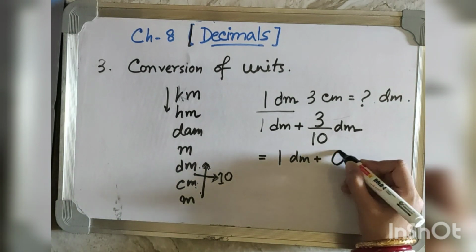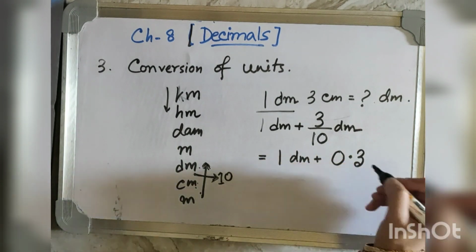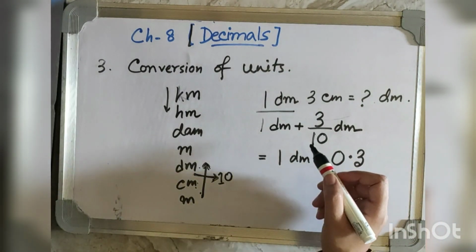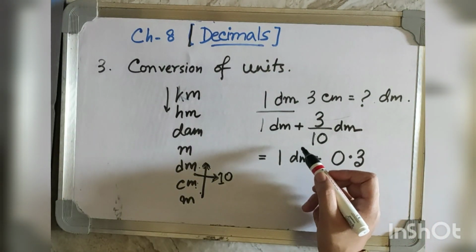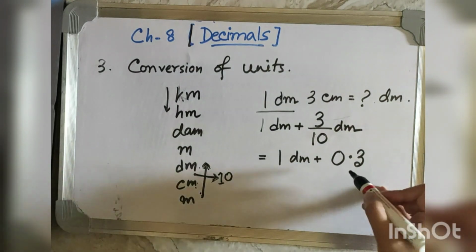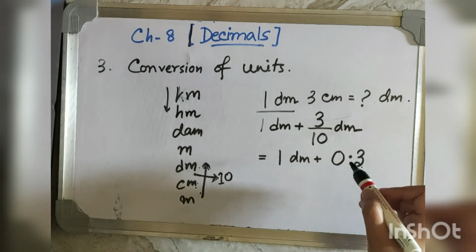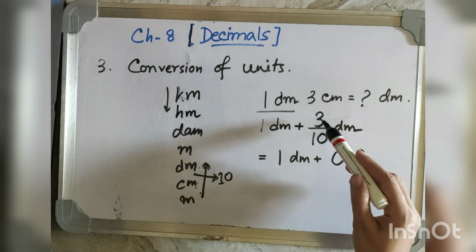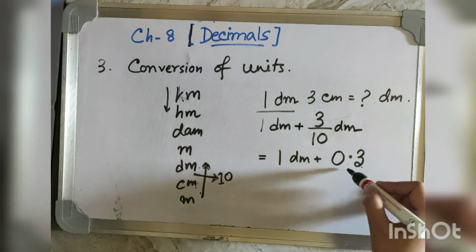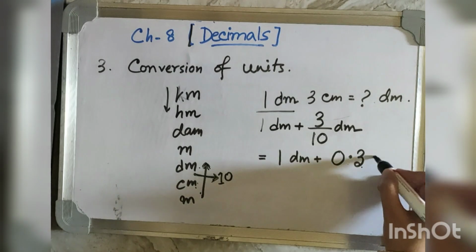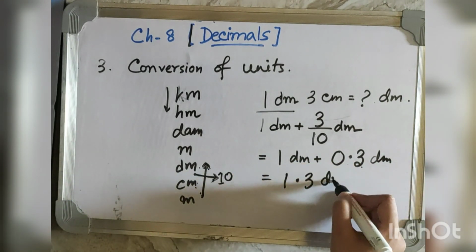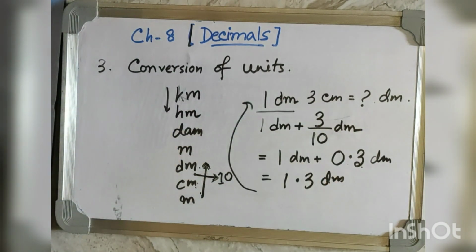So we can convert it to 0.3 in this way, isn't it? Because after 1 we are getting 1 zero, means 10 is here as the denominator. So after decimal also we will write only one digit, and here in the numerator 3 is given, so definitely it will be 0.3. So in this way we can convert the units.